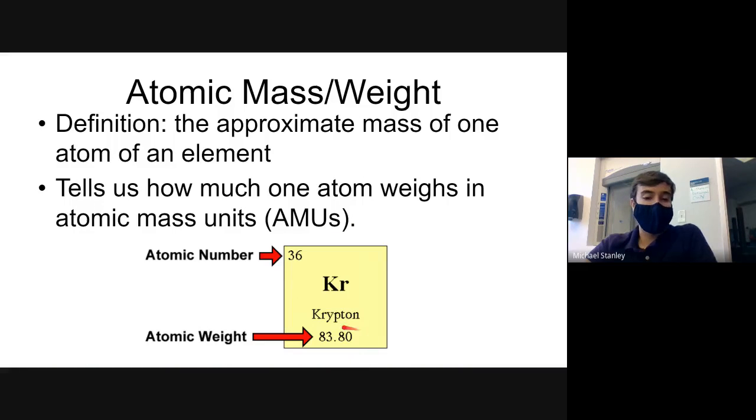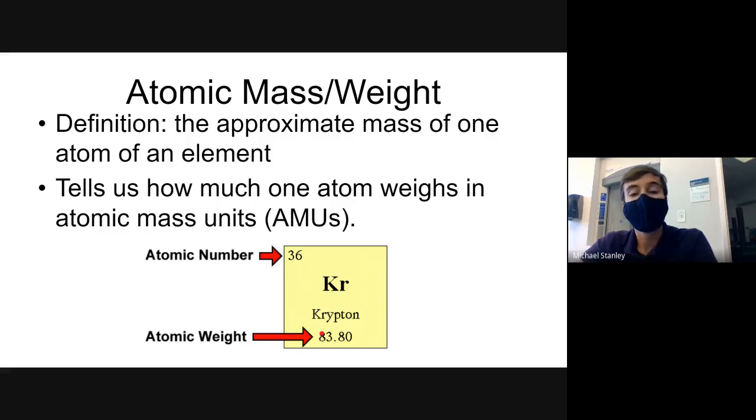So our atomic mass, also sometimes called the atomic weight, down here essentially tells us how heavy an atom is. Since atoms are so small, you have to use a super powerful scientific microscope, and even then you can't really see them.